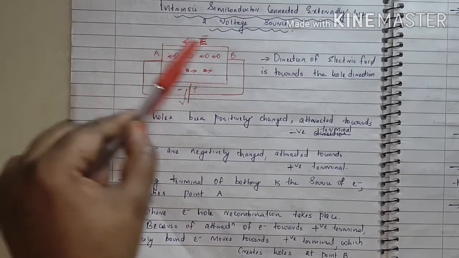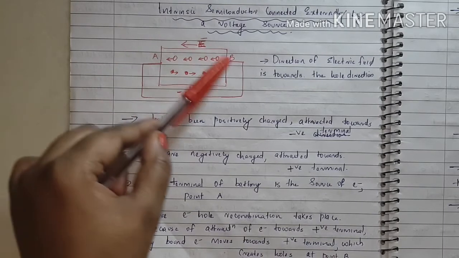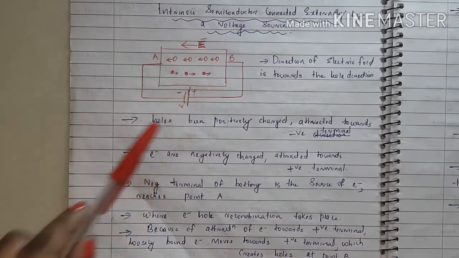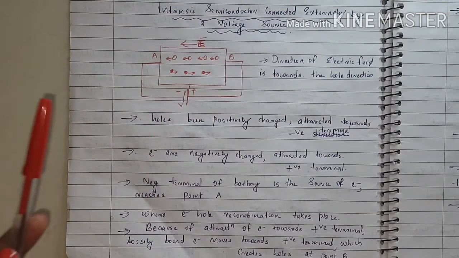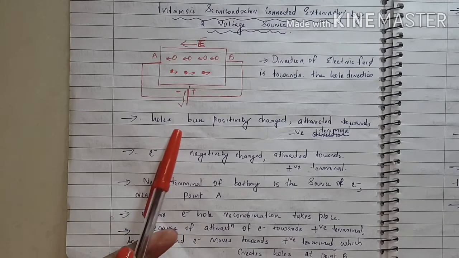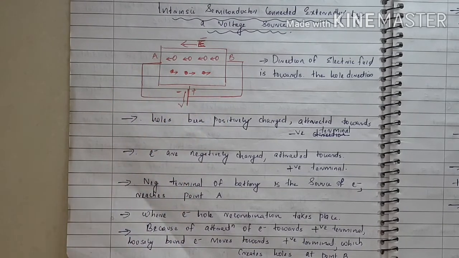Likewise, current flow takes place, and net current is due to both holes and electrons. But in the external circuit, the flow of current is only due to the flow of electrons, since holes do not come out of the semiconductor.